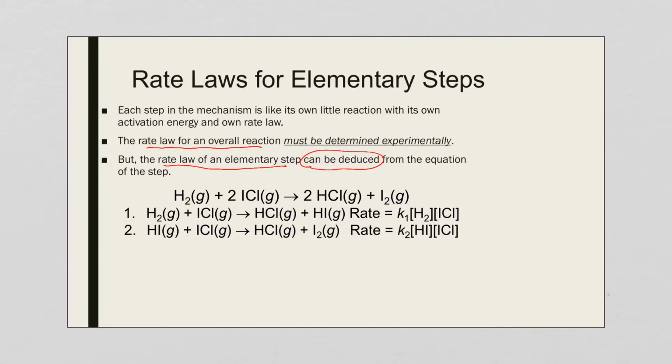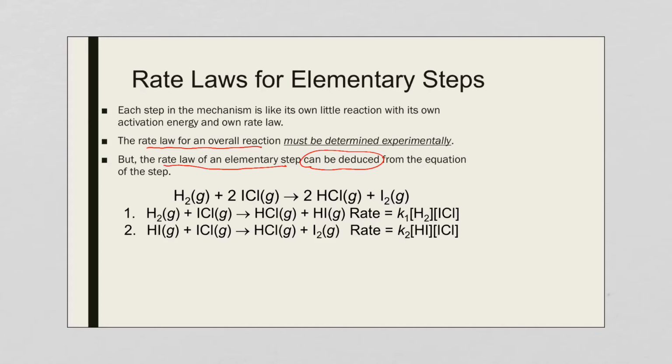Now, why is this possible? Well, remember, the elementary steps represent the actual collisions that are taking place. They represent the actual events. Whereas the overall reaction, remember, is not an actual step, right? It is a summary, if you will, right? It's the overall process. It doesn't give us the step-by-step detail.